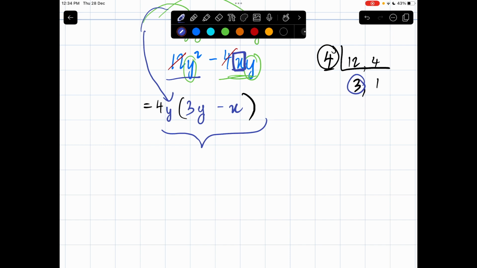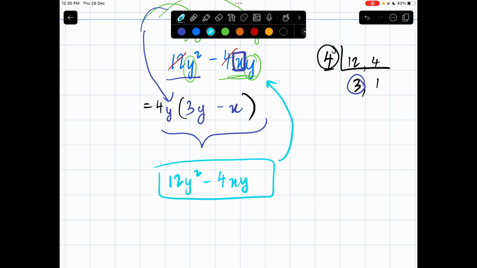This is because, as I told you earlier, expansion and factorization are opposites, just like times and divide. 4y times 3y, you will get 12y squared. And 4y times x, you will get 4xy, with a minus sign. As you can see, this corresponds directly to the question given.